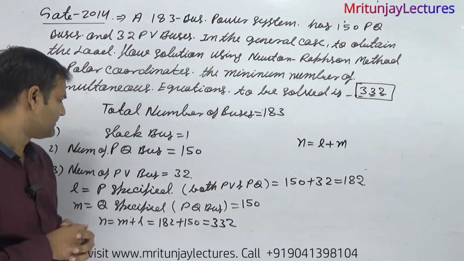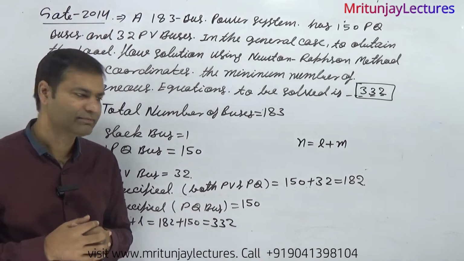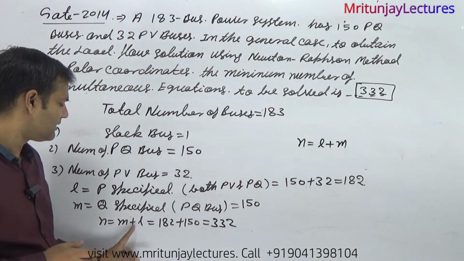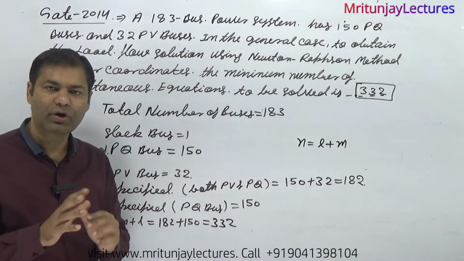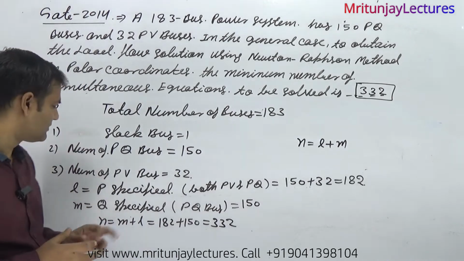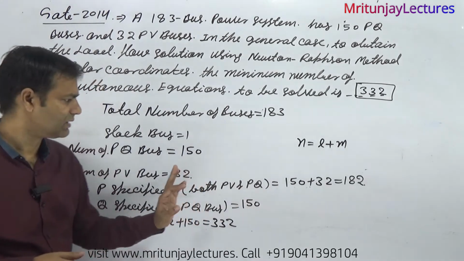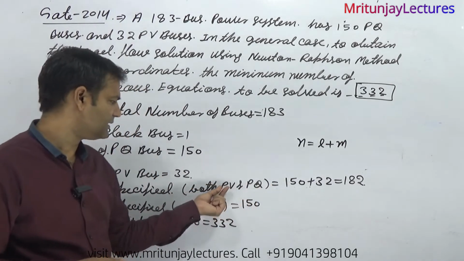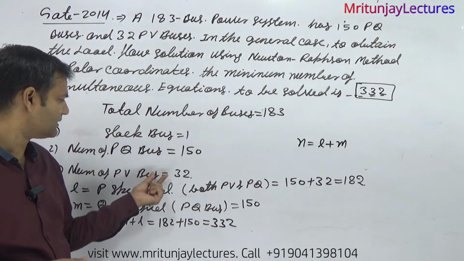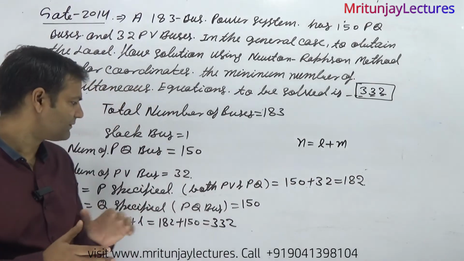Now our motto is to determine n. N is L plus M. How do we determine L? L is the number of P specified, meaning both PV and PQ buses, because P is available in both. Adding them, we get 182.